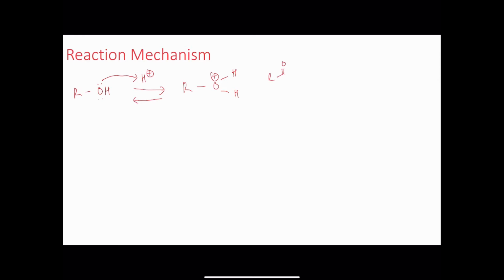The next step, we have the carboxylic acid, and actually we have the R prime for the alcohol. So the next step, we're gonna protonate the carboxylic acid, and we end up having a new intermediate with a positive charge on this oxygen of the C=O double bond.